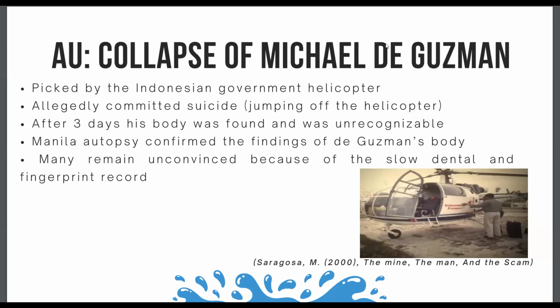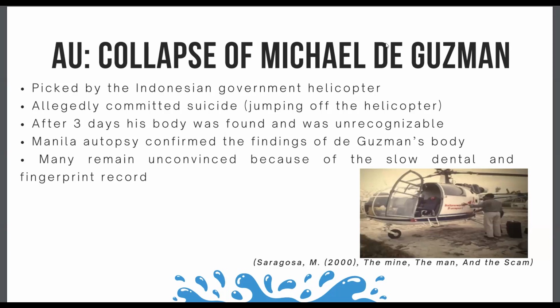So allegedly, the manner of death and the cause of death of Michael De Guzman was suicide. Dahil nga tumalon daw siya sa helicopter. Pero what makes this case interesting is kasi after 3 days, nakita yung katawan niya na unrecognizable na yung katawan.